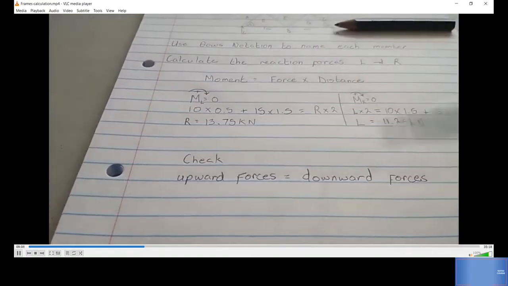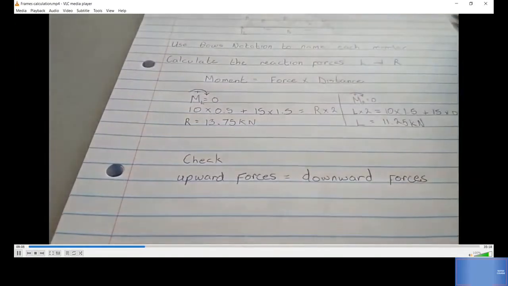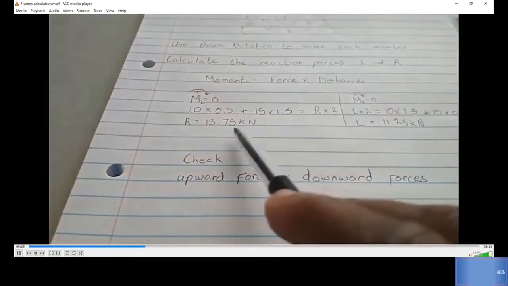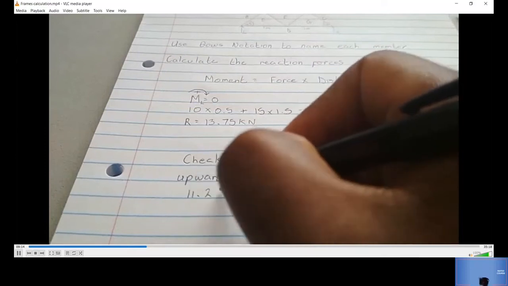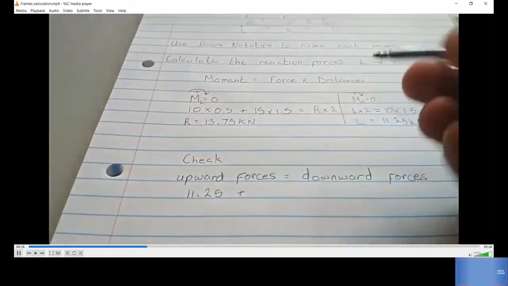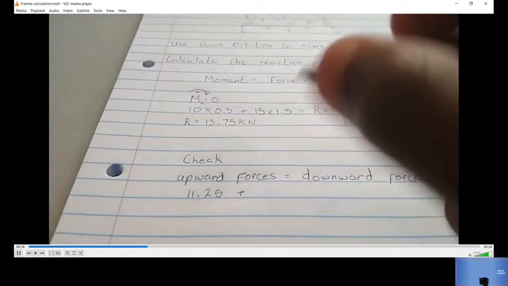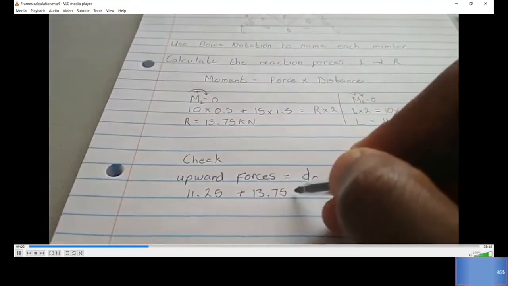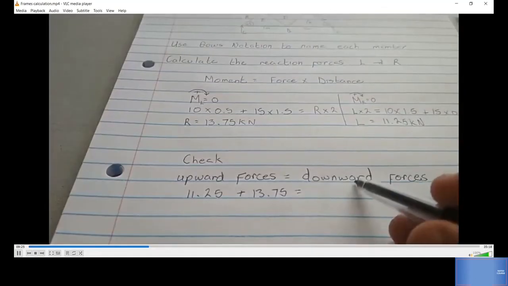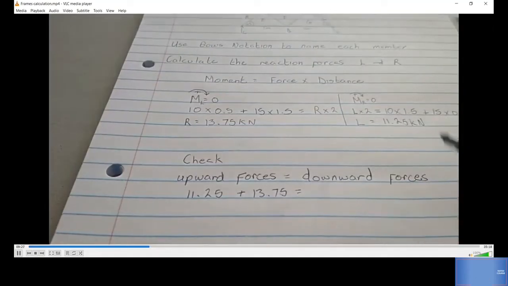All right, so what upward forces do we have? We have L and R. We have solved L to be 11.25 plus R is 13.75. Now we want to check if this is going to be equal to our downward forces.